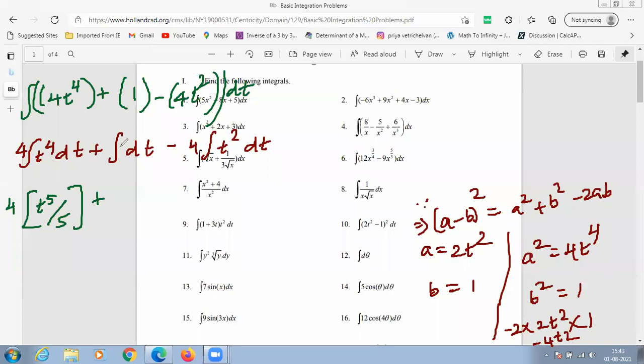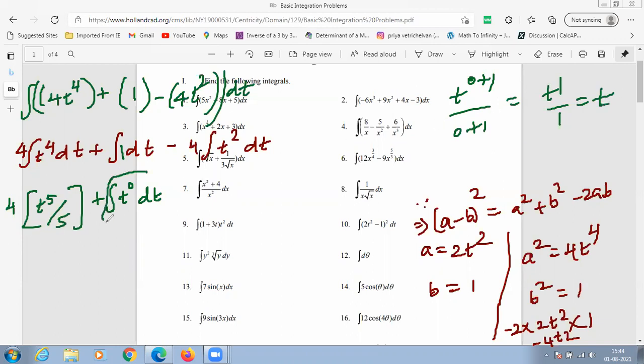And this is 1 dt. 1 dt is nothing but t power 0 dt. And what is t power 0? T power 0 plus 1 upon 0 plus 1, which is t power 1 by 1 equal to t. So this part will become t.